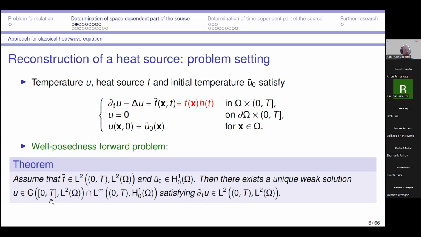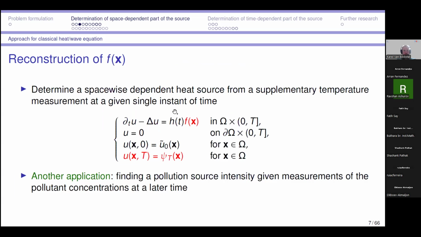So from the direct problem, we know that the solution at every time is well defined as an element in L2(Ω). And so in the inverse problem, we want to find the spatial distribution of the heat source from the final-in-time measurement, which is denoted by ψ(T).